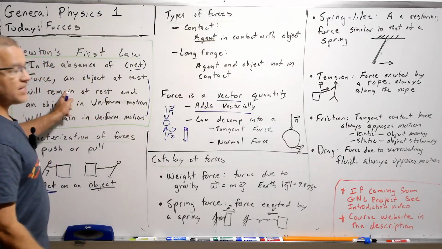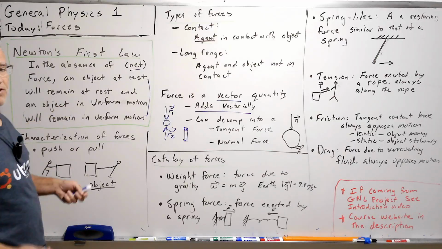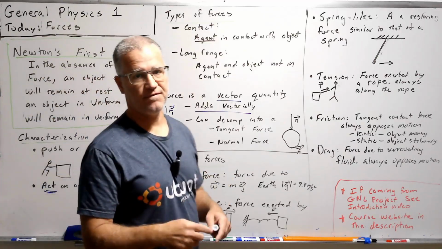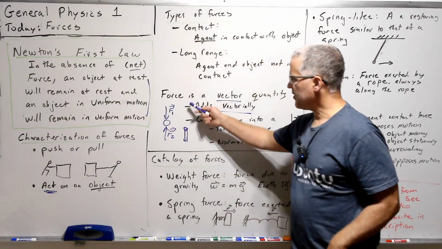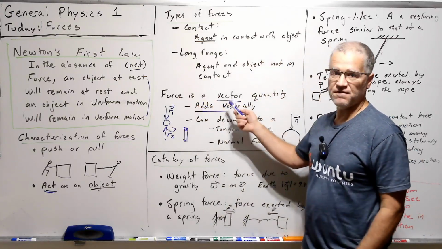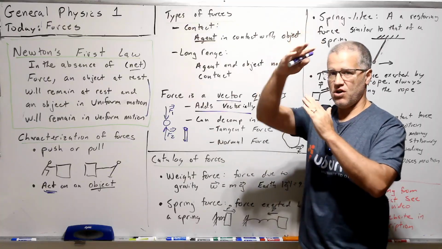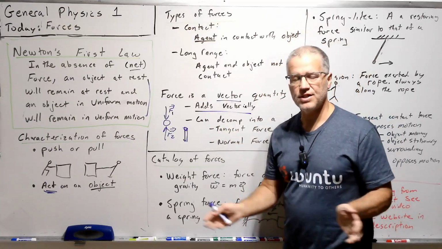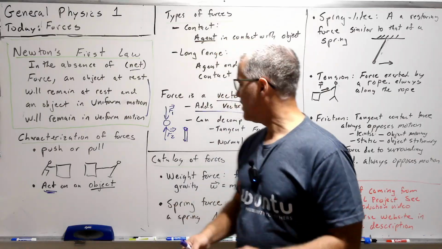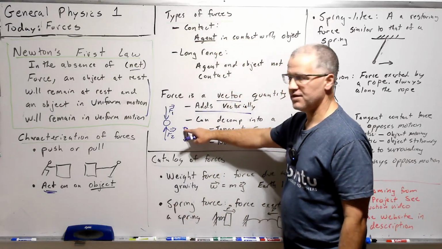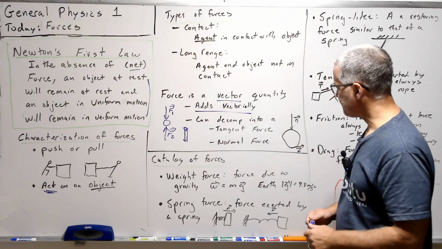This would satisfy the conditions of the first law. Even though there are forces present, the net force is 0. And when we talk about a net force being 0, we mean in the vector sense. The addition of all the different arrows bring us back to the tail of the first arrow.